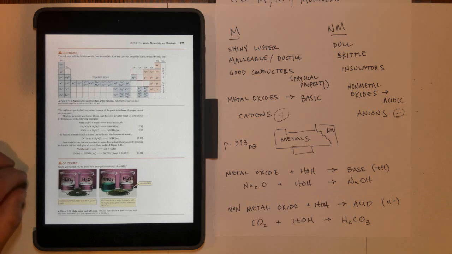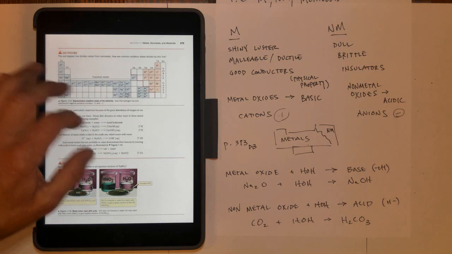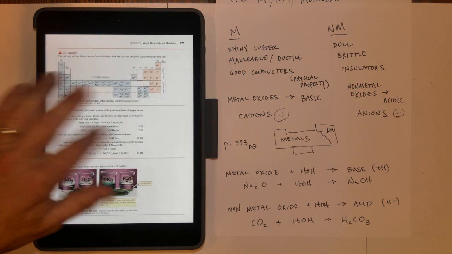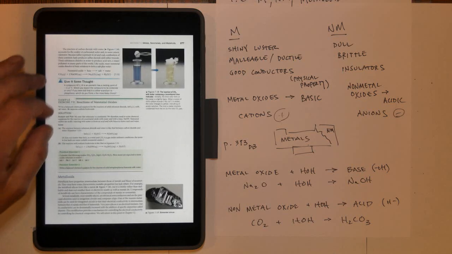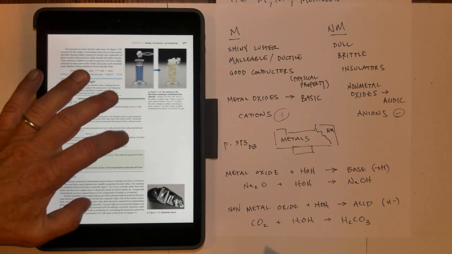Next, we'll take a look at the metalloids a little bit, and then we'll look at the trends on the periodic table. So the metalloids generally just have mixed properties.